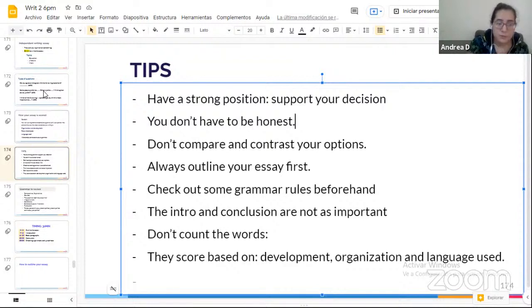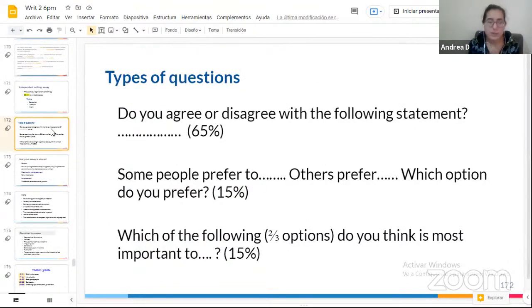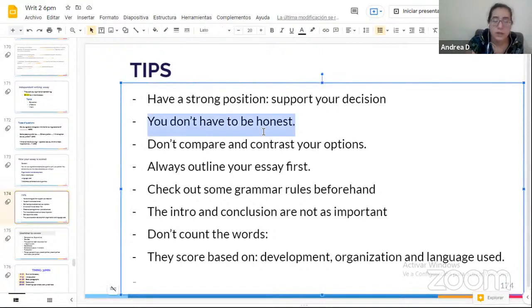For example, you can say, according to the New York Times, students who have traditional classroom learning are more likely to pay more attention during class. You can say that even if it's not true. They're not going to check the data that you're using. You can basically say anything you want. It's not that much about what you say, but more about how you explain it and how you support it. So that's what I mean by don't be 100% honest.